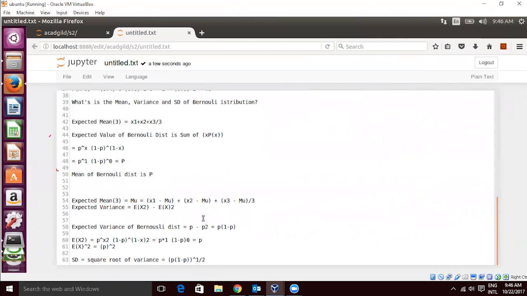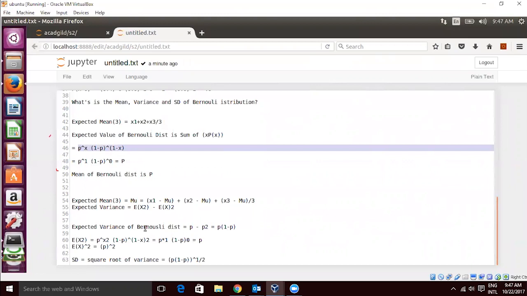The probability of getting success is p, and from that we can define the probability of getting failure, which is 1 minus p. Using this concept we come up with the formula p to the power of x into 1 minus p to the power of 1 minus x. Using that we come up with the expected mean, expected variance, and standard deviation.